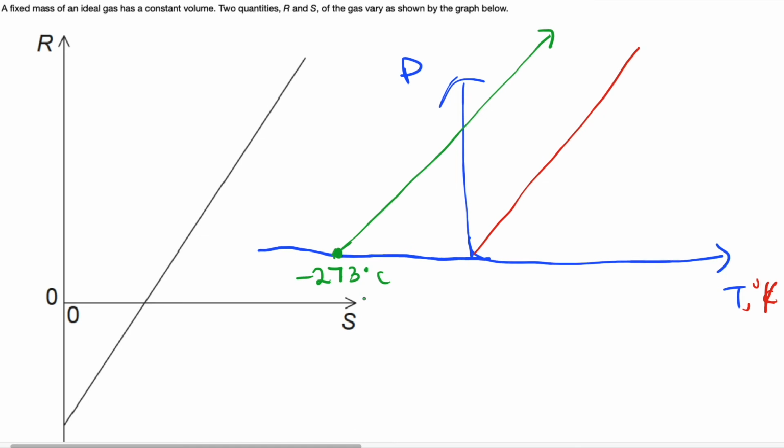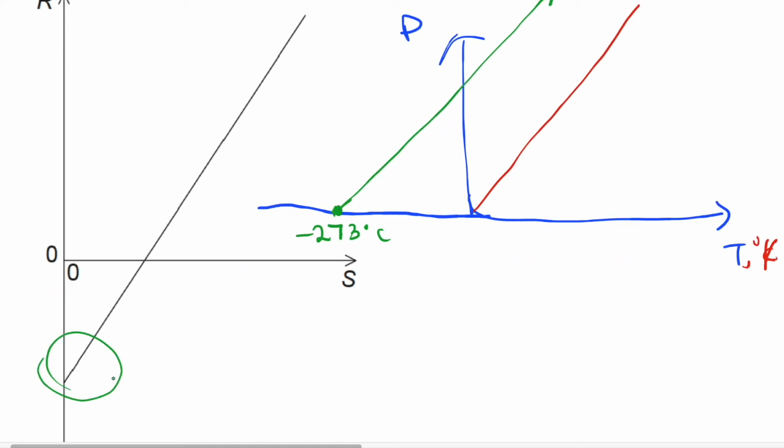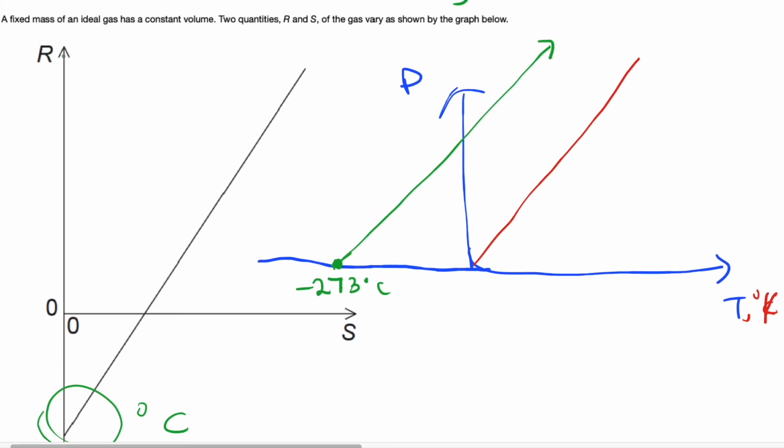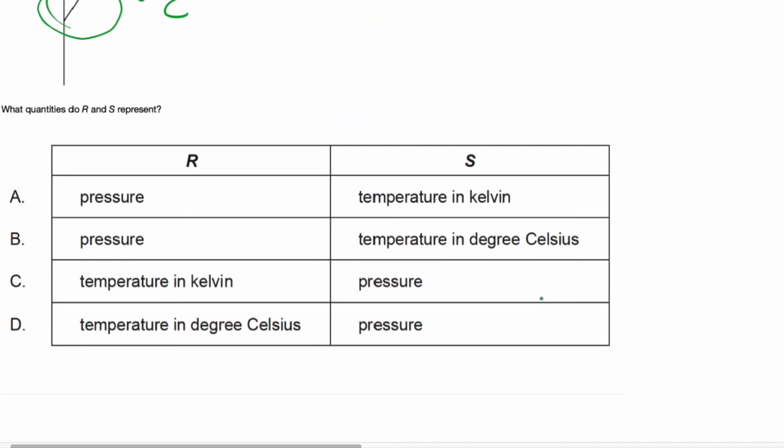And for this problem, since here is not at the origin, we know that it must be in degrees Celsius. The vertical axis must represent degrees Celsius. So R is degrees Celsius, and here is pressure. So the answer is D.